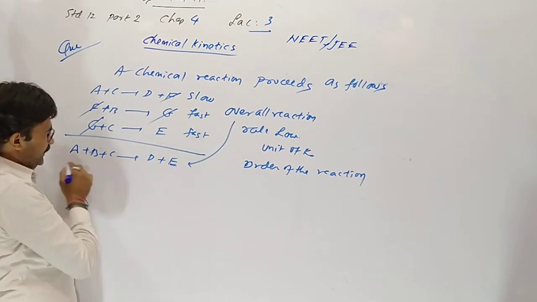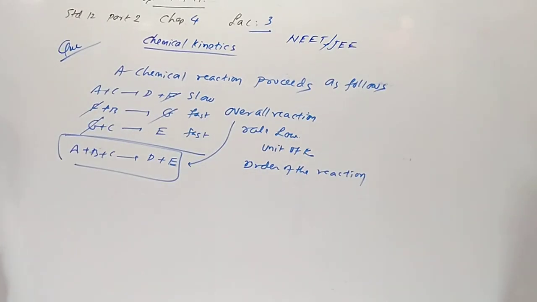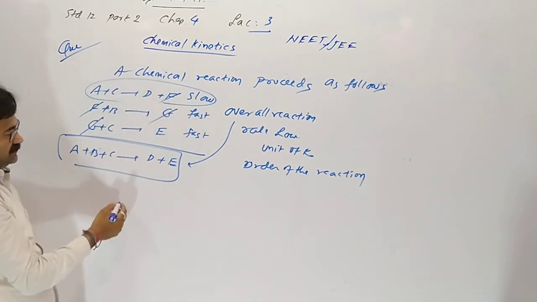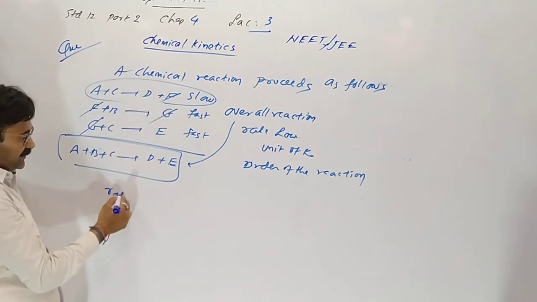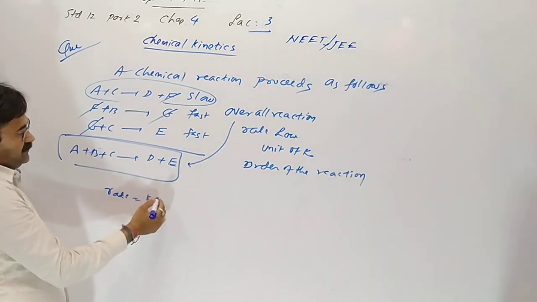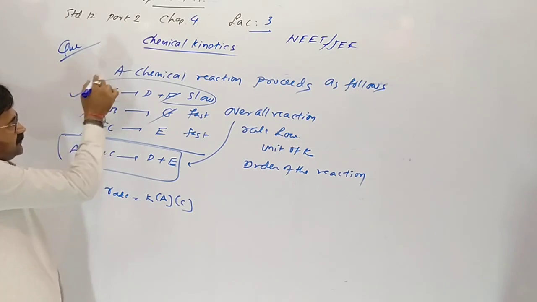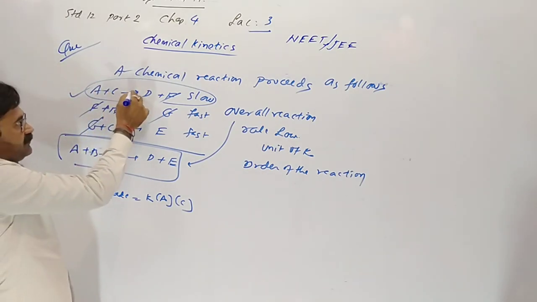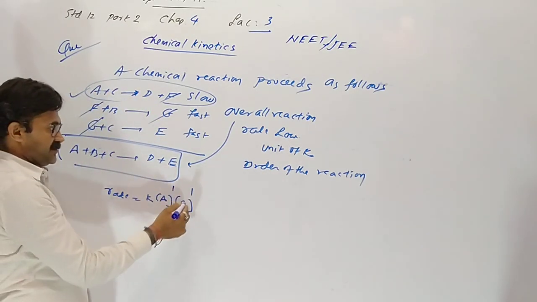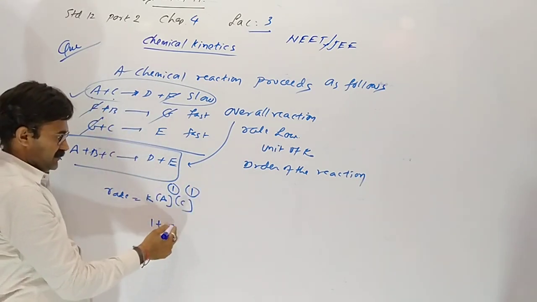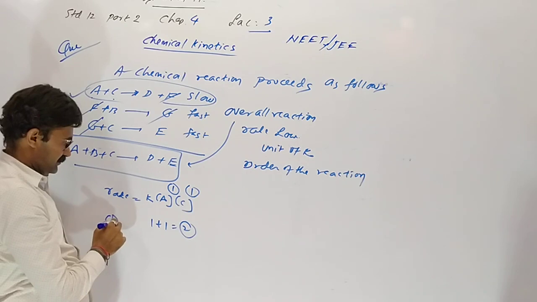That's the first answer, the overall reaction. Now rate law. The slower step should be rate determining. So rate is equal to k[A][C]. This is elementary, happening in one step, so the rest is 1 and 1. Mole is 1, rate is 1. So order of the reaction is 2.